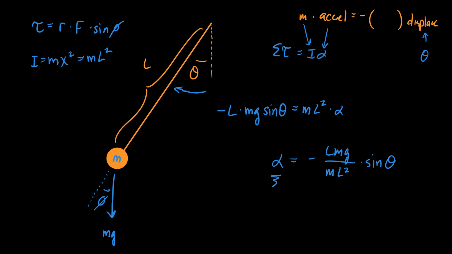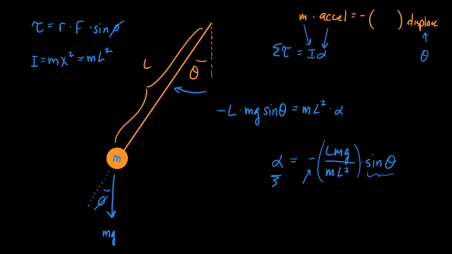This is an acceleration. This is our negative sign. All of this stuff is a constant, right? The length of the string is a constant. The mass is a constant. G is a constant. This, however, isn't a displacement. It's the sine of a displacement. I need it to be a displacement.